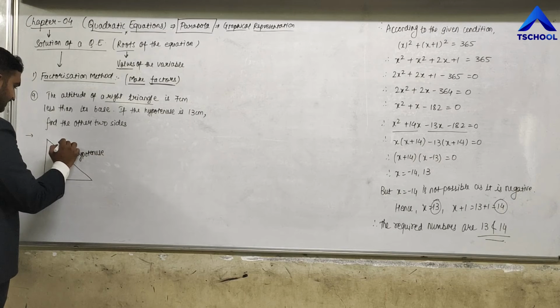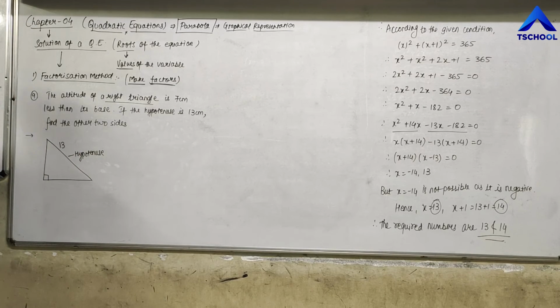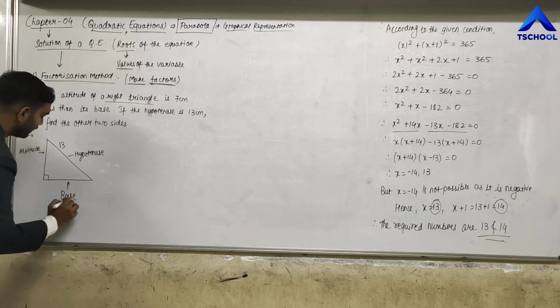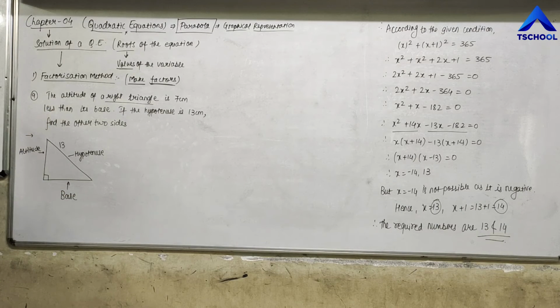We are given this as 13, and it is said that altitude, that means the perpendicular side, and that is the base. Altitude is 7 centimeter less than its base. That means the length of the altitude is simply dependent on the base.